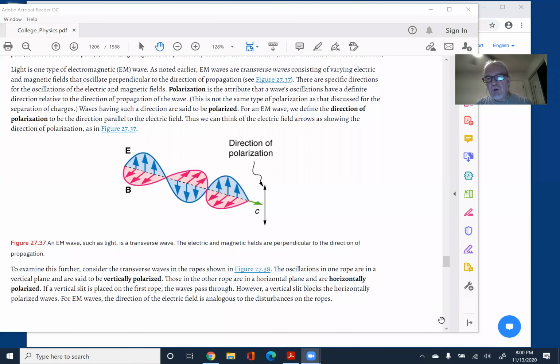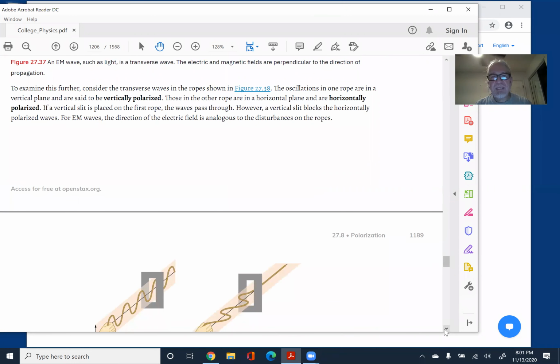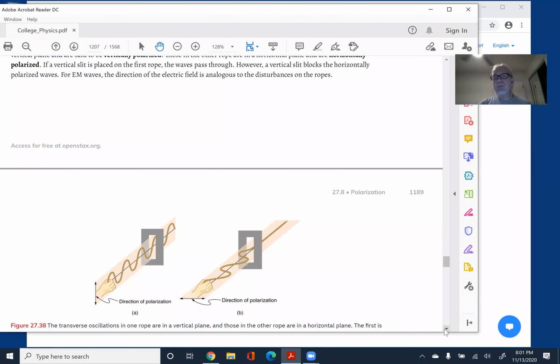So let me move on and tell you there are several ways to polarize light, in other words, to take a disorganized mixture of polarizations, something like the bulb you see right over my head. It's kind of an LED bulb. It produces light of many different frequencies, many different polarizations.